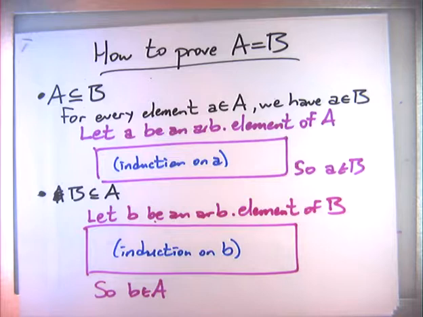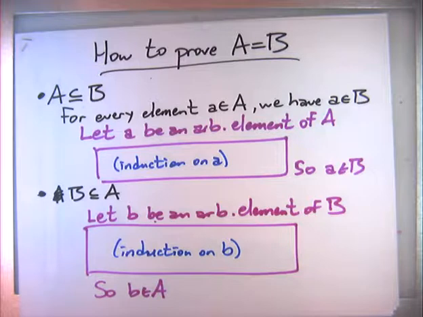And this is how you prove the two sets are equal, whatever those two sets are. Now, it may or may not actually need to use induction in those two boxes, but more often than not, that's what you're going to do, especially if these are sets of strings.